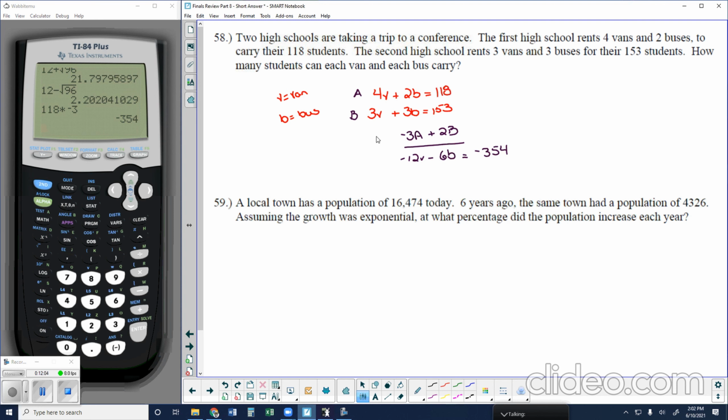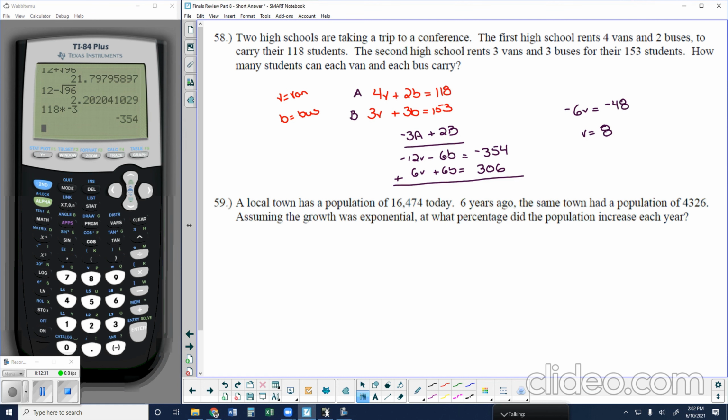And then I'm going to double B, so that would be 6V plus 6B equal to 306. If I add these two together, that's going to give me -6V equal to -48. And then I can do -48 divided by -6, and this would be 8. So V, the van, holds 8 students.